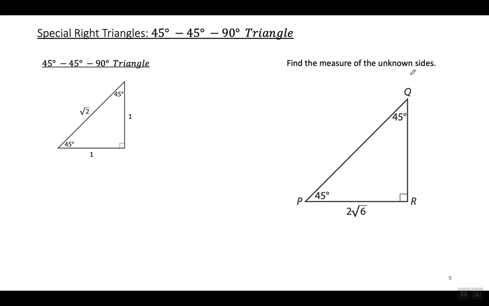Find the measure of the unknown side. So this is a 45, 45, 90 triangle. If this leg is 2 square root of 6, so is this one. To get the hypotenuse, to go from 1 to square root of 2, I have to multiply the 1 by square root of 2. So the hypotenuse would be 2 square root of 6 times square root of 2, which gives me 2 square root of 12, but I have to simplify the square root of 12.